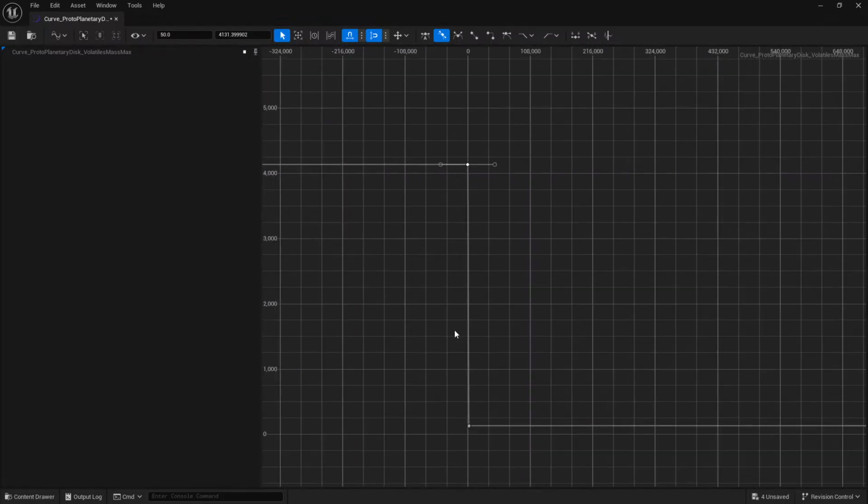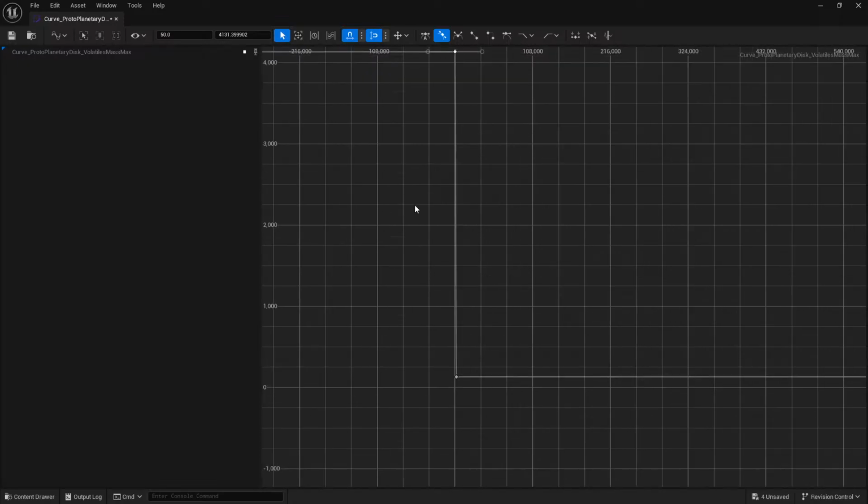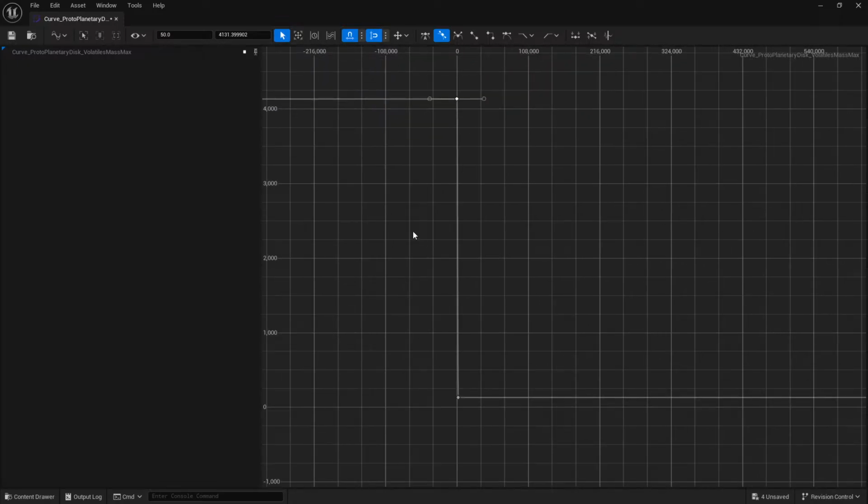Right, so that's a bit of a mental range, but again, this is the issue. When you've got 13 Jupiter masses worth of mass, the range is just huge. And that's the problem with making a logarithm.